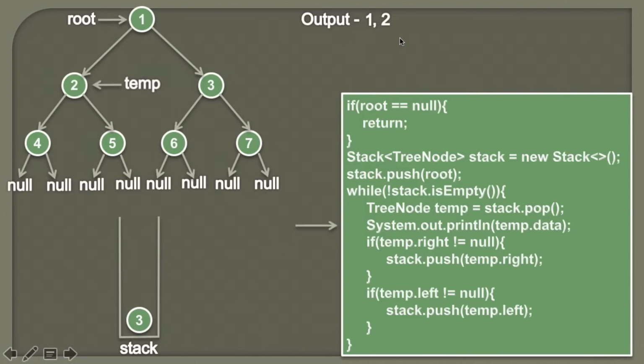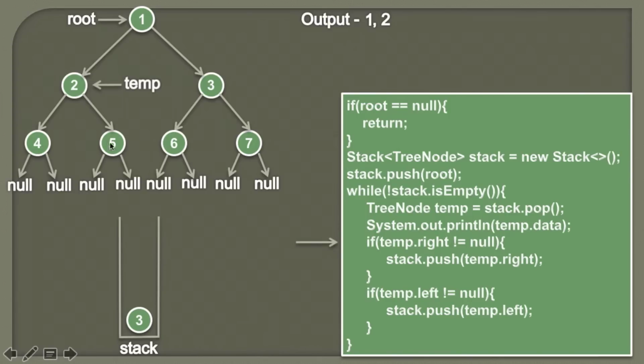So 2 is printed and hence we have processed this node, and now we want to process its left subtree first and then its right subtree. So on the stack we'll first put the node which is pointed by temp right, and then we'll put the node which is pointed by temp left. We'll check whether temp right is equal to null or not.